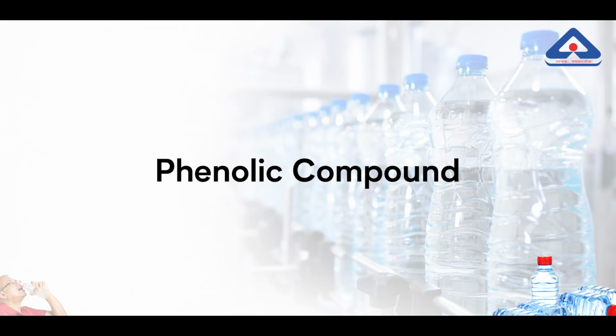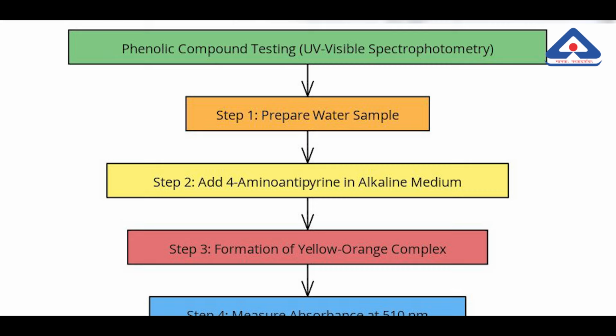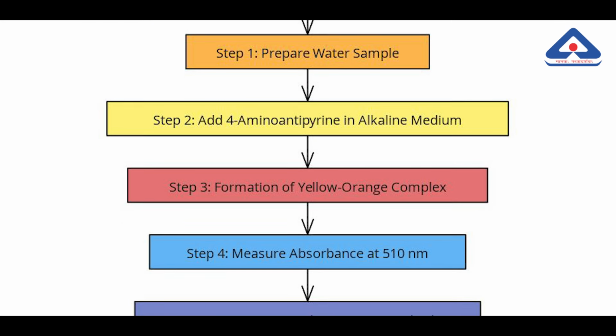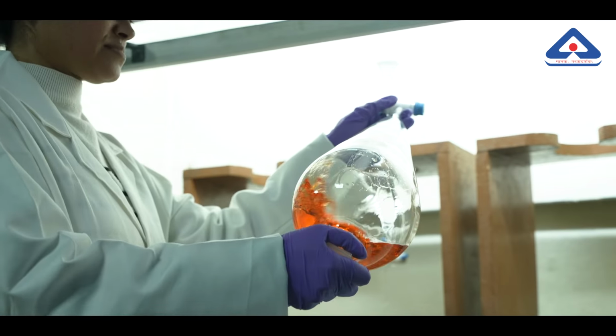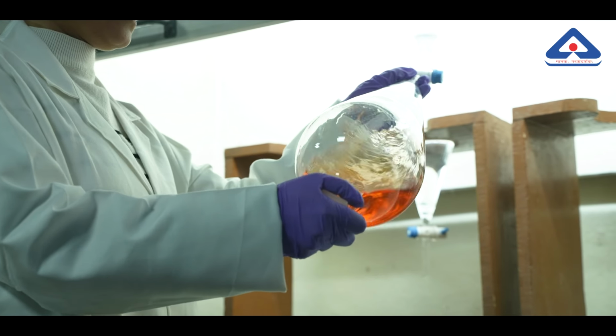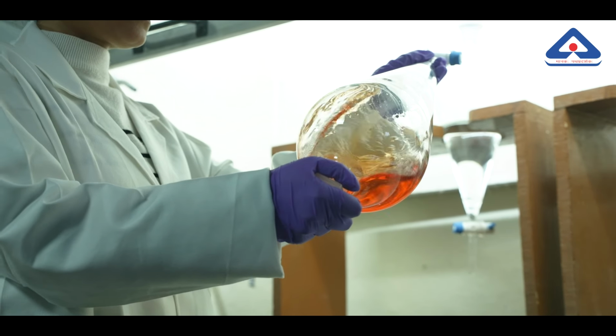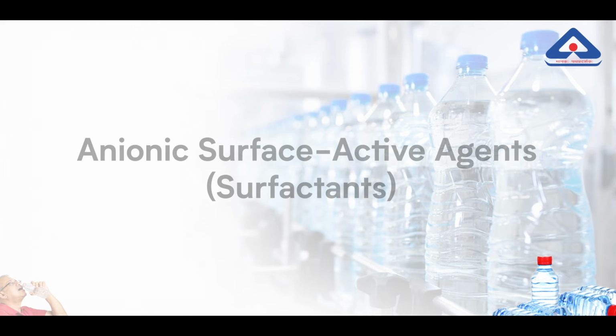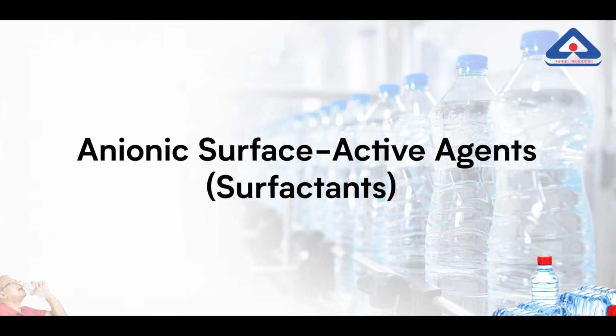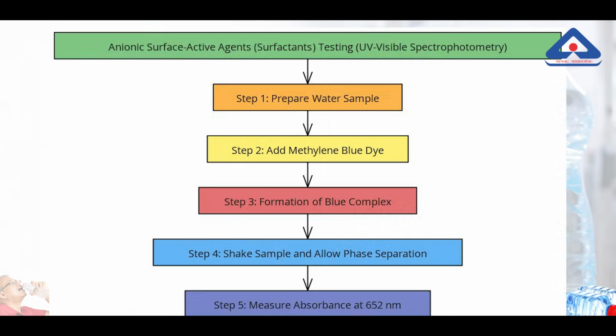Phenolic compound. For phenolic compounds, the sample reacts with 4-aminoantipyrine in an alkaline medium to form a yellow-orange complex. The absorbance is read at 510 nanometers. Anionic surface active agents, surfactants.